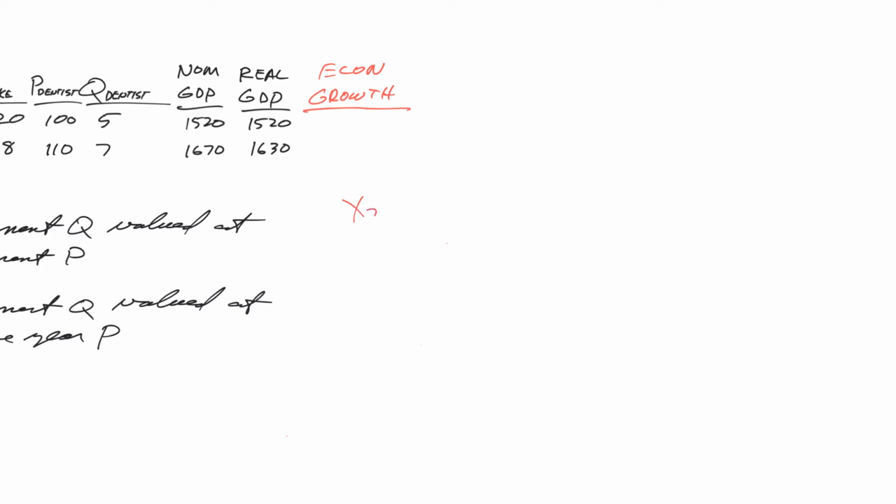Well, x2 minus x1 divided by x1 times 100. We started out at 1520 and we ended up at 1630, so that would be 1630 minus 1520. That's a proportion of where we started, 1520. And then we're going to multiply that by 100 when we are done.